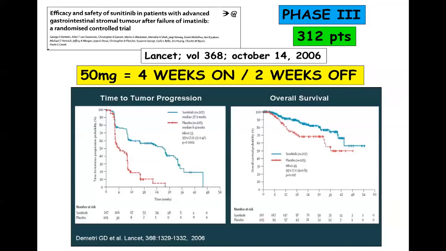In terms of time to tumor progression, sunitinib was 27.3 weeks and placebo 6.4 weeks, p-value less than 0.0001. Overall survival was also statistically different in favor of sunitinib, with a p-value of 0.007.